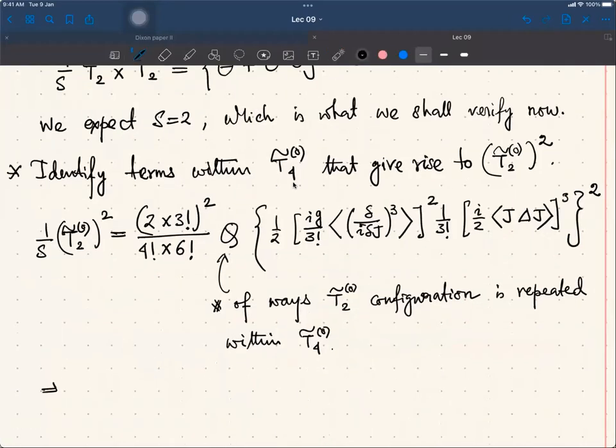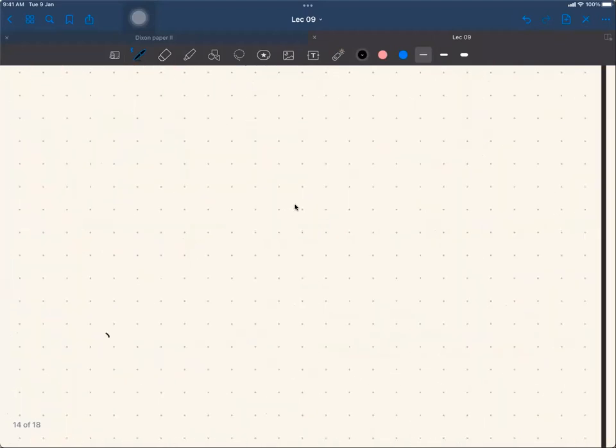Then it means 1 over s is equal to 2 times factorial 3 square divided by factorial 4 times factorial 6 times Q. So if we can calculate Q, then we'll be done. So that's what we do now. Calculate Q.